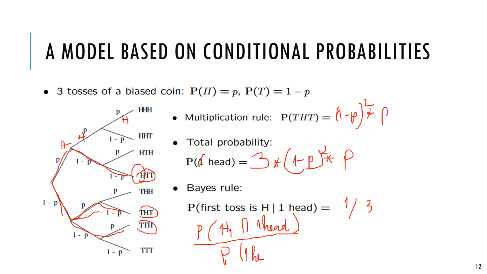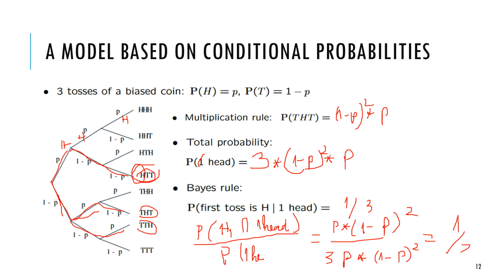This event is the first one a head and just only one head, so here just only this: p multiplied by 1 minus p squared, and for one head we calculate here 3p multiplied by 1 minus p squared, and here it is 1/3.